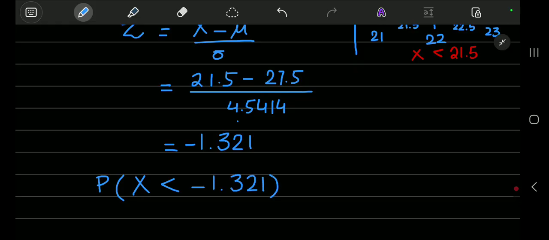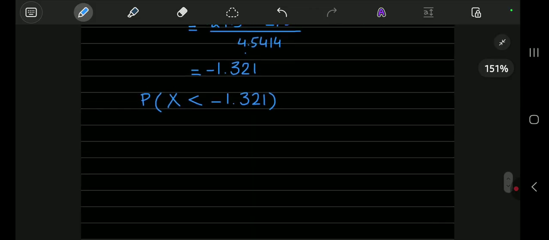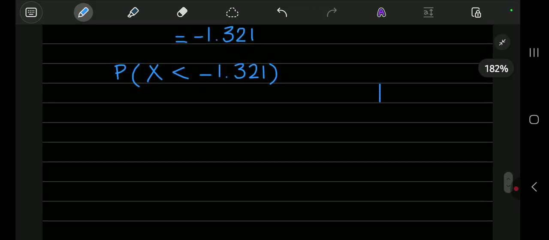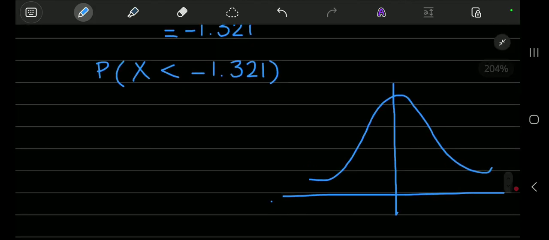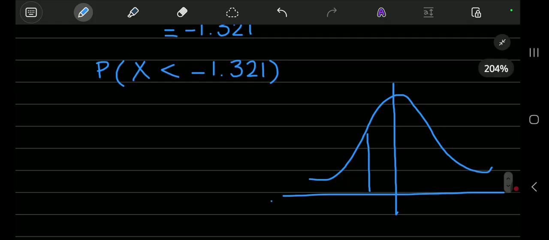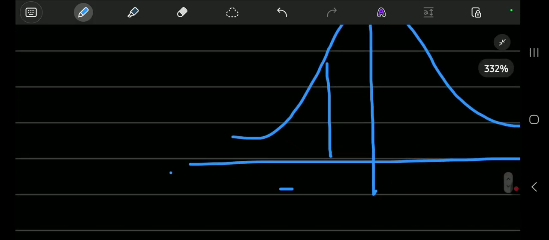So what we need to do for this: first of all, whenever we need to find the table value, we make a bell shaped diagram and we identify the points. So obviously a negative point will be somewhere here, minus 1.321.